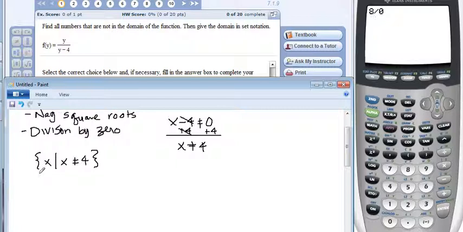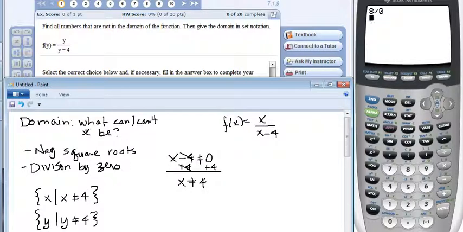For our problem, since we have y's, it would be the set of all y such that y cannot be 4. And the only reason that I did x's over here is because usually we define the domain as what can or can't x be, and the range as what can or can't y be.